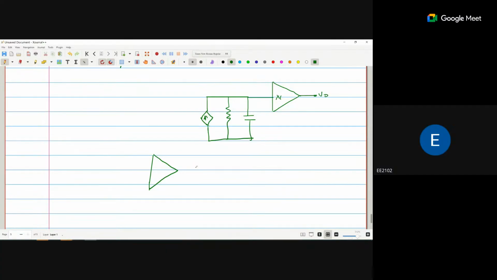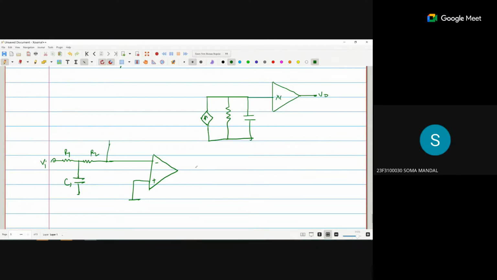Okay, fine. Upper is the negative terminal, lower is the positive terminal, and the positive is grounded. With the negative terminal there are two resistances in series, R1, R2. From the middle of R1 and R2 there is a capacitor to ground, that is C1. Input is Vi, and R2 is connected to the negative terminal.